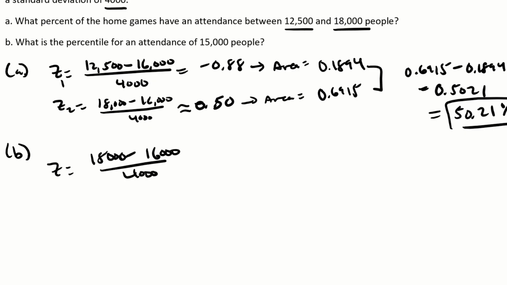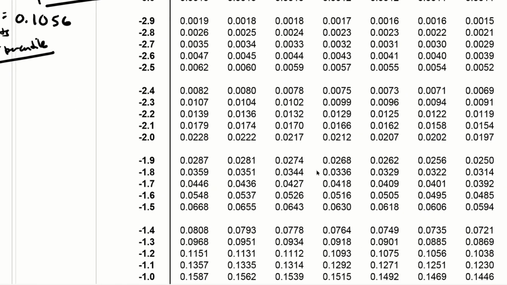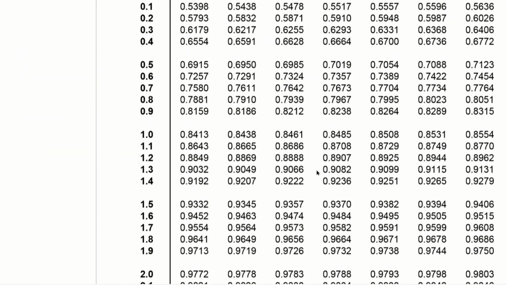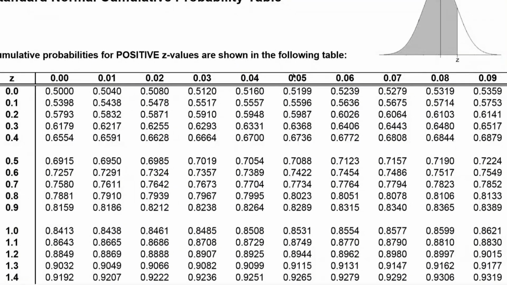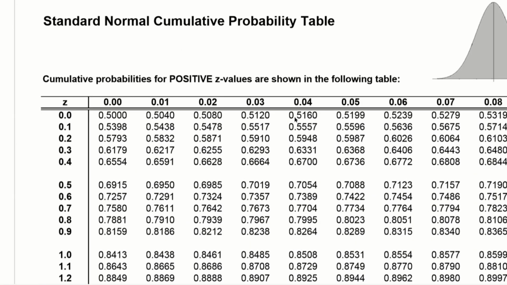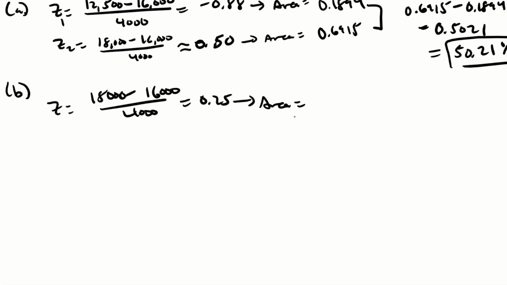We're going to look it up to get the area. 0.25 is 0.5987. Move the decimal to the right, so 59.87, which is approximately the 60th percentile.